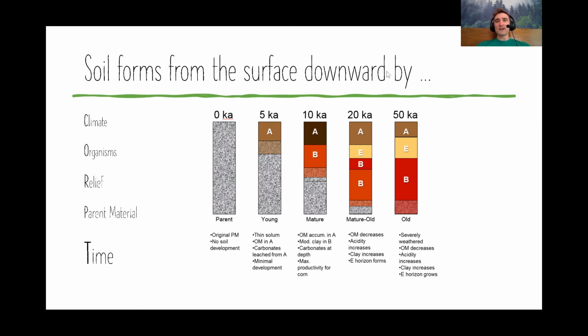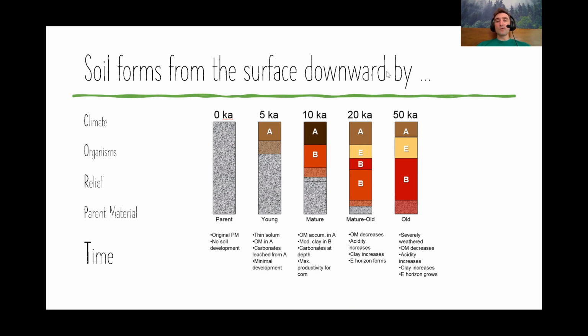So it's kind of like in its prime. A 10,000-year-old soil is the best. If we get up to 20,000 years old, then notice we have some other horizons that form, and we'll have an increased clay content, and the pH will change over time, and our organic matter, therefore, will also tend to decline.